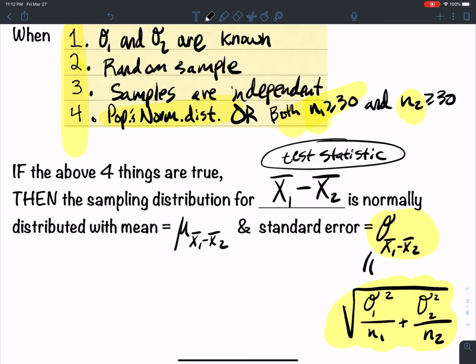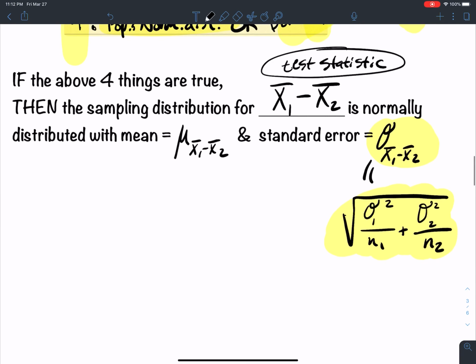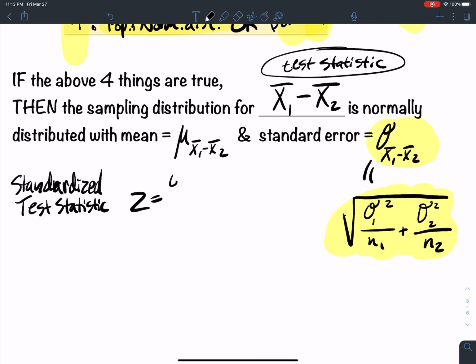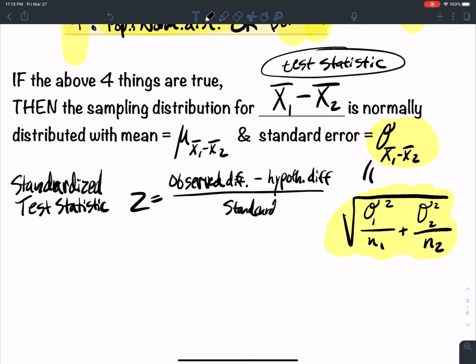Now, how do I get the standardized test statistic? The standardized test statistic, what is it? It's Z equals the observed difference minus the hypothesized difference over the standard error. So what does Z equal to?